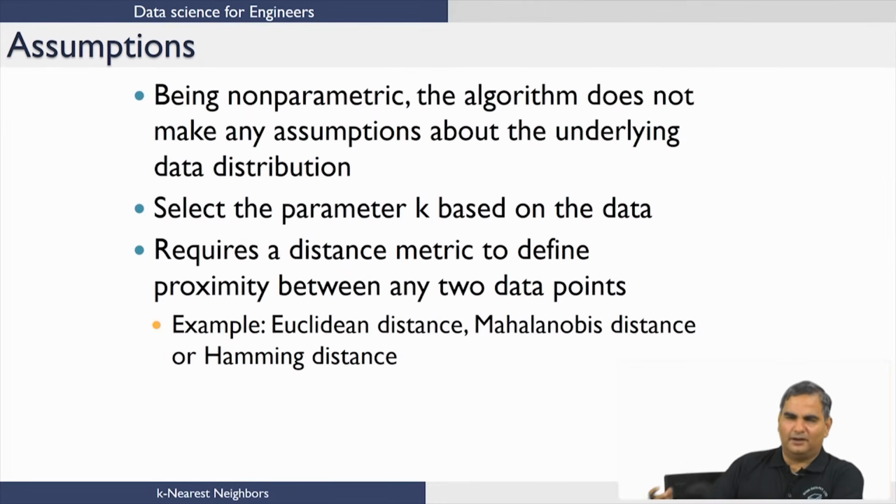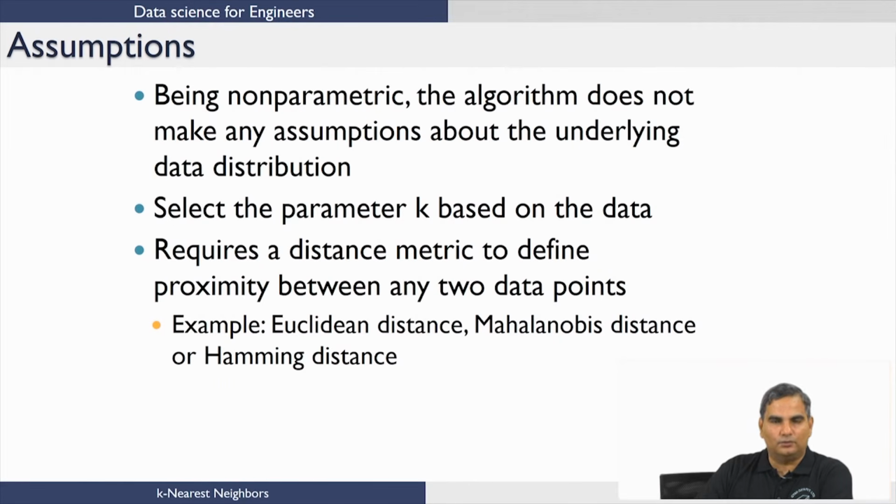Now, remember at the beginning of this portion on data science algorithms, I talked about the assumptions that are made by different algorithms. Here, because this is a non-parametric algorithm, we really do not make any assumptions about the underlying data distribution. We are just going to look at the nearest neighbors and then come up with an answer.